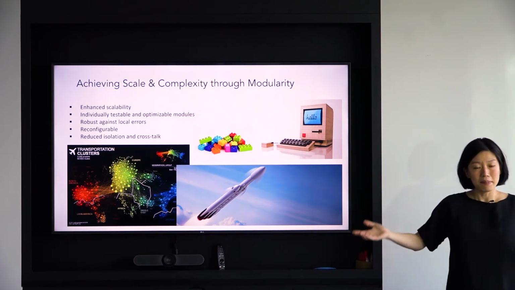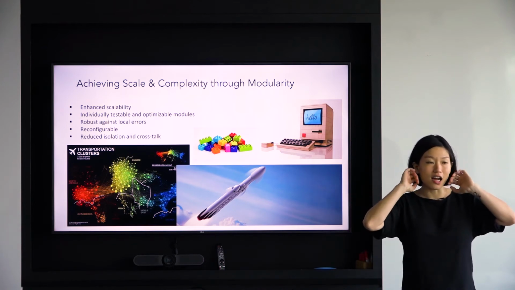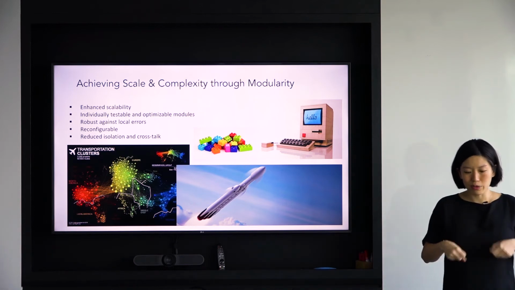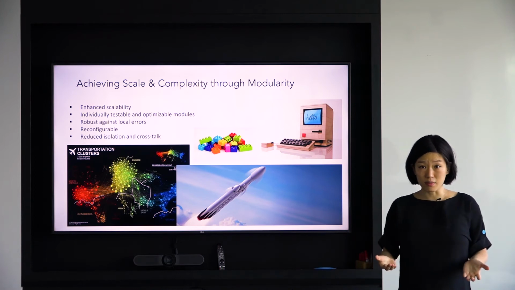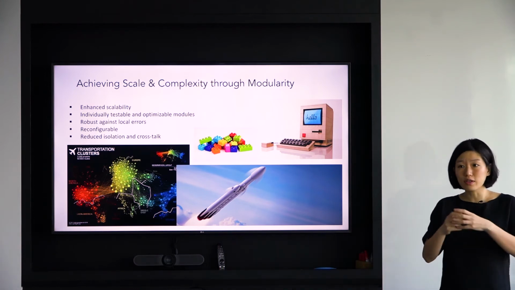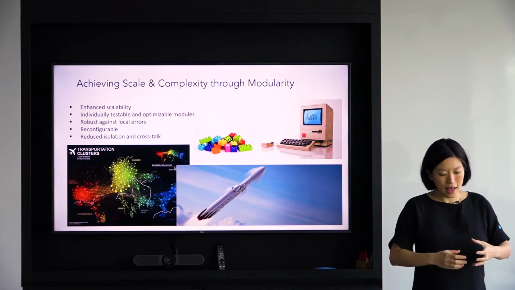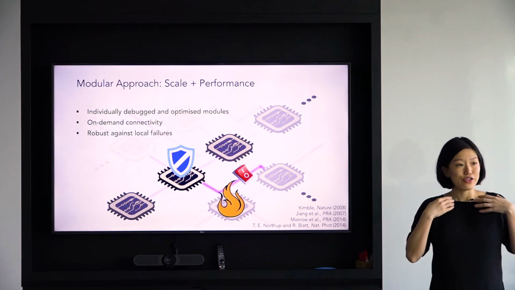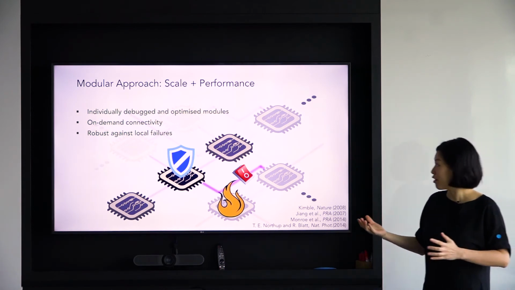We don't build billion-dollar systems in one giant box and not have individual troubleshooting and control over them. So what we're doing is very much the same, recycling these ideas and saying, okay, for quantum systems, we know they're hard to build, so let's build them individually and then connect them later, such that if there's something happening, we could have some way of not throwing away the entire expensive hardware, right?